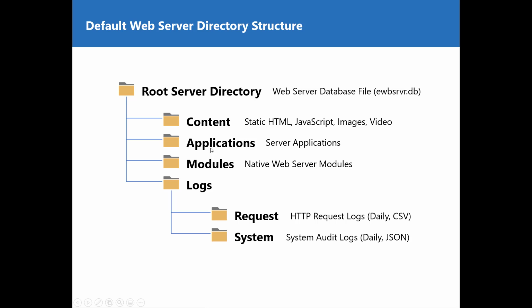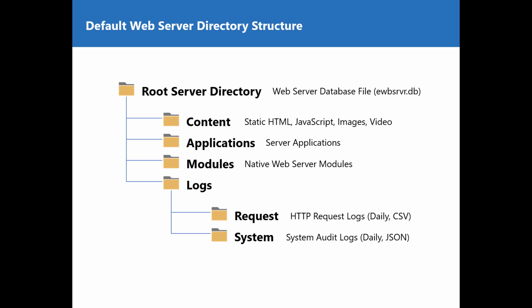The applications folder is for the server applications. Again, that can have subfolders. The modules folder is for the native web server modules, and that can also have subdirectories. And then you have your logs folder, which is going to have two subdirectories by default. One is called request. That is where the HTTP request logs are stored.